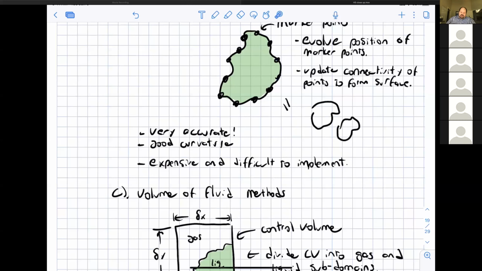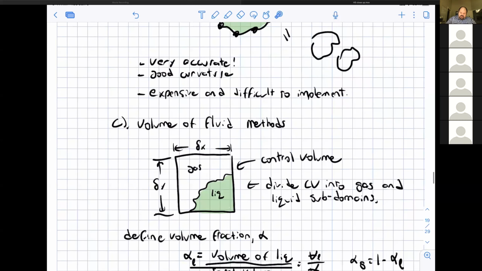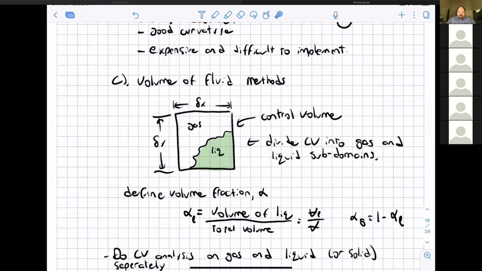Okay, and then a third method that's used quite a bit, especially for incompressible flows, is called the volume of fluid method. And I'm going to spend a lot of time discussing the equations for this, because they're the same equations that are solved for a whole lot of multi-phase flows.